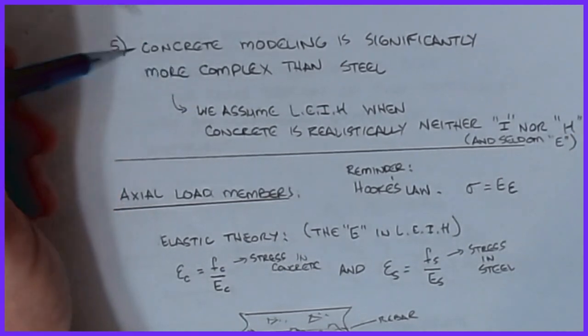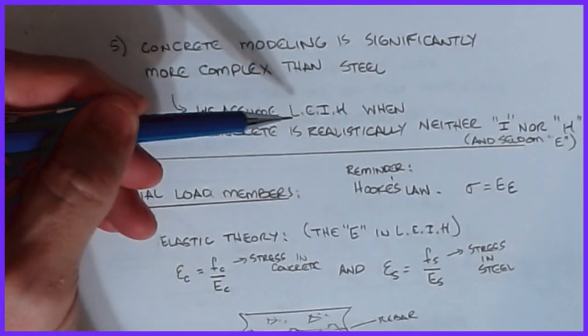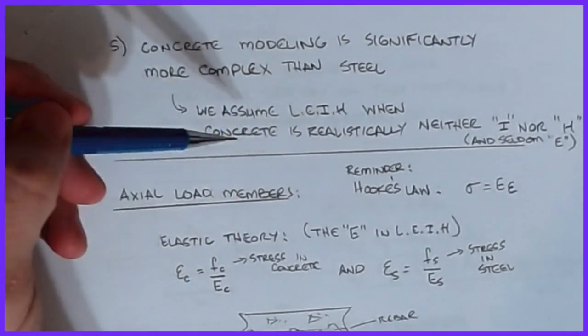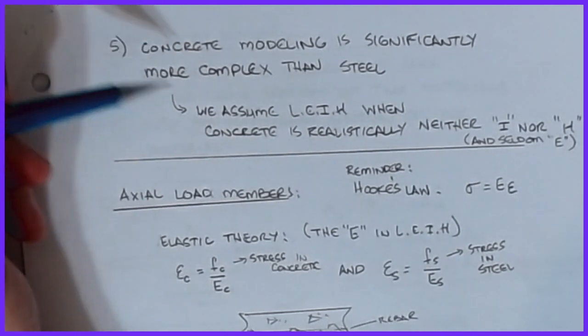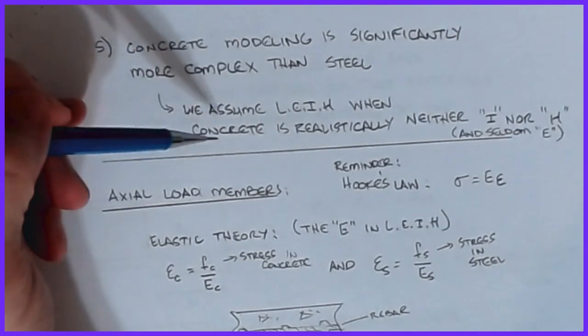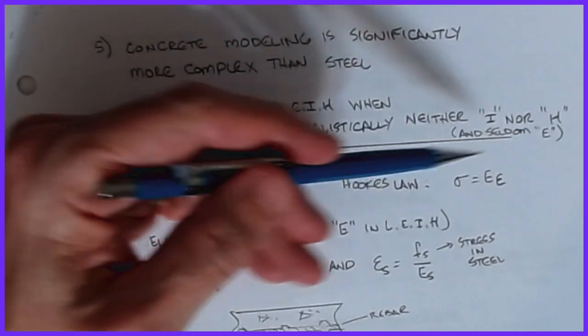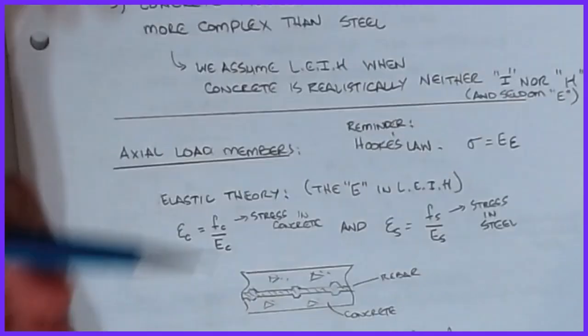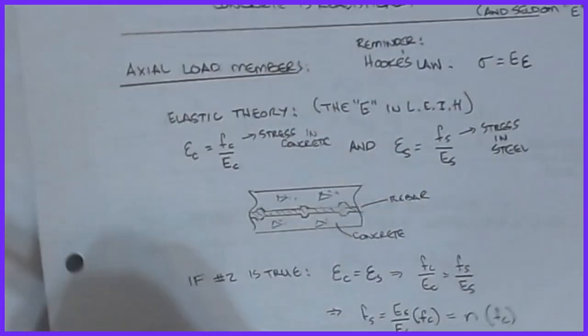Now, what we do to kind of cheat our way around this is we made that LEIH assumption early on. Okay. And, again, we're going to kind of wink and nod and say, yeah, it's not 100% accurate, but realistically, concrete is neither I nor H in that. And even seldom E. Once you crack, it's not behaving the same as when it was uncracked.